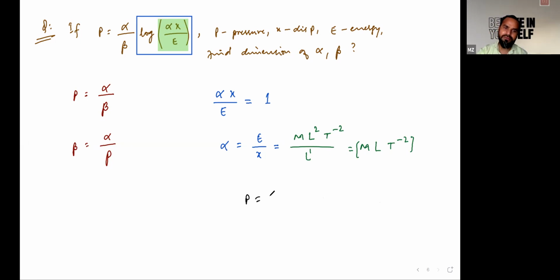For pressure, dimension formula would be M L raised to the power minus 1 and T raised to the power minus 2. And we have already solved for alpha, so put the value of alpha to be this and pressure to be this.